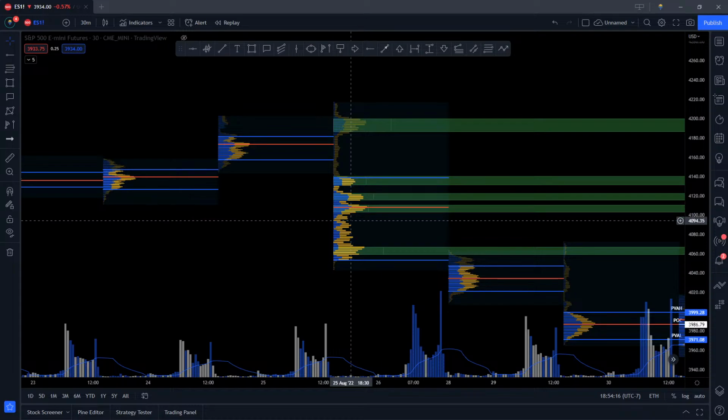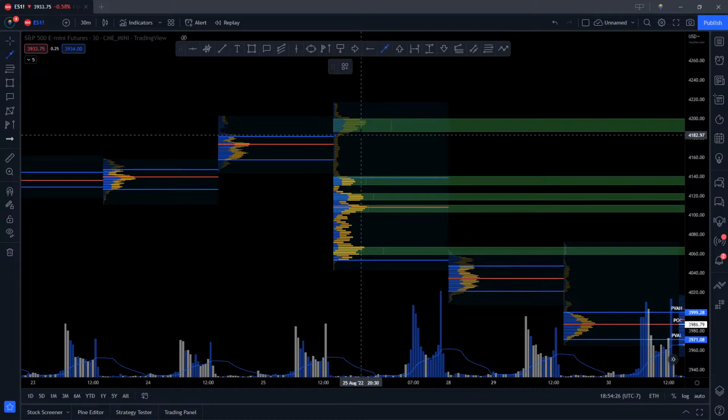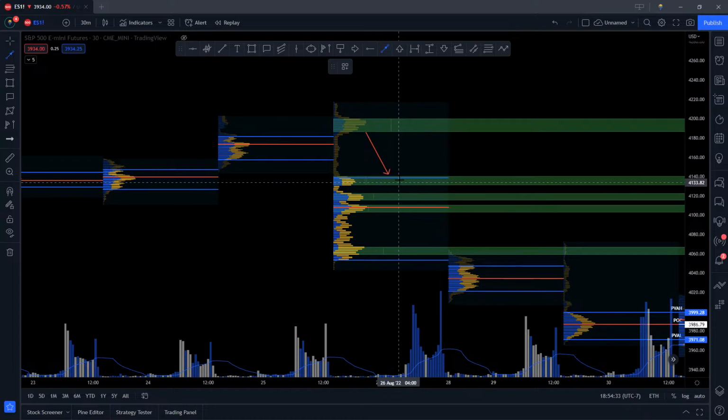This area here is called a skinny belly. This is a better example of a skinny belly, where there's really just no volume between. So when price leaves this area, it's going to move quickly from here to here. Or if it leaves from the bottom, it's going to move quickly from the bottom to the top. Same thing here.